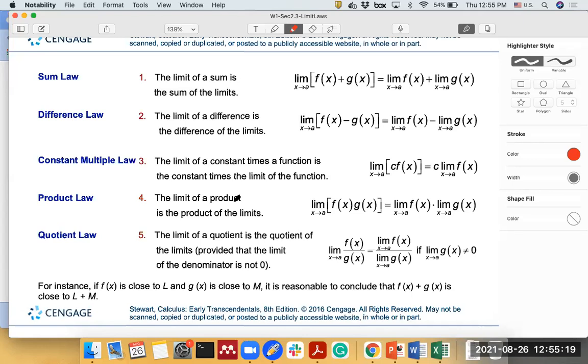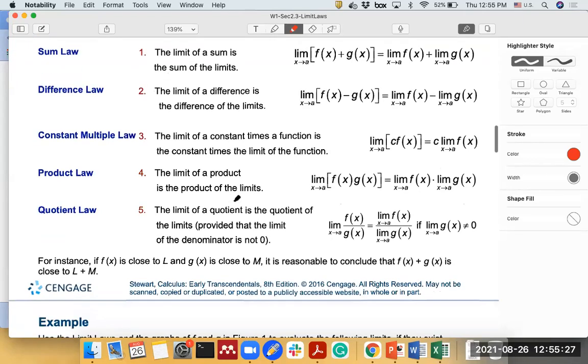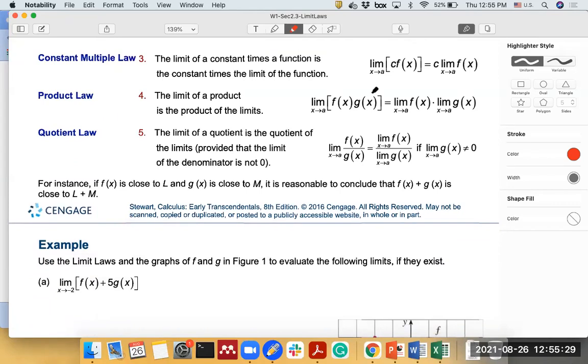Which condition do we need here? Yes. Whenever we talk about a quotient, the denominator should be defined. Otherwise, it's no longer correct. So the condition is that the limit of the denominator is not zero. Very good.